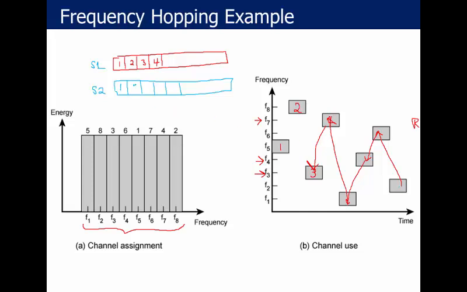So let's say 1, 2, 3, 4, 5. Then maybe at this point, I'm going to use this for number 1 here, while this guy uses frequency 6 at time t1. At time t2, why not, I'm using this, right? And at time t3, I'm going to use that frequency and that frequency, other frequencies.